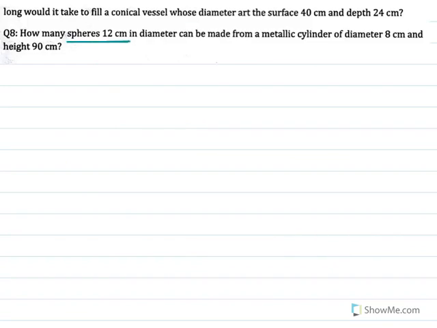How many spheres of 12 centimeter diameter can be made from a metallic cylinder of diameter 8 and height 90 centimeters? First we have two shapes. We have spheres on one side, and the diameter of the spheres is given as 12 centimeter.